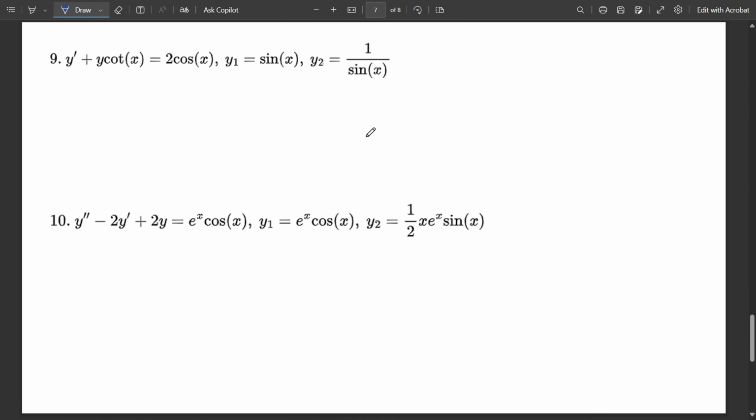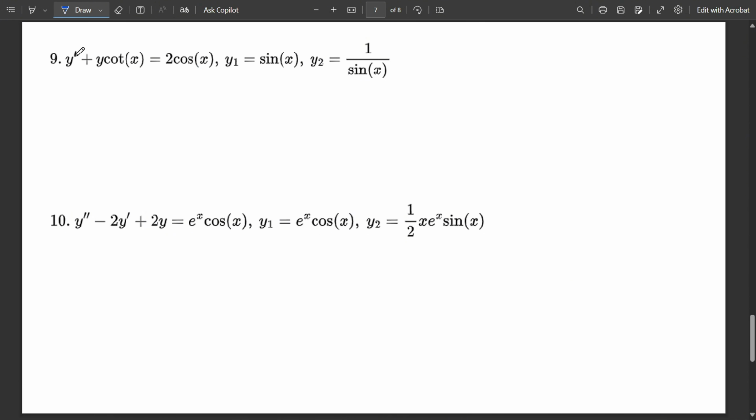Okay, final two. We have y prime plus y times cotangent x equals 2 cosine of x, with the given proposed solution.